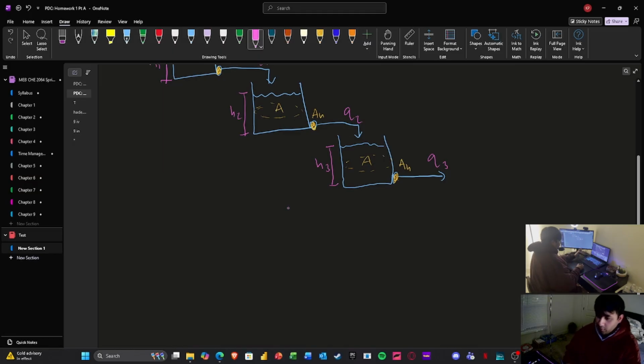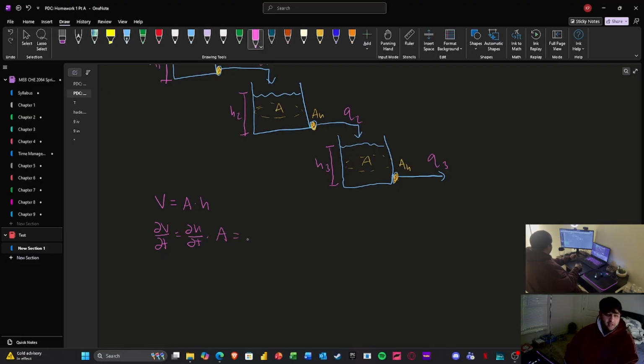Then we're going to start with what's the first thing we know about these tanks? They're going to have a certain volume, and the volume is the cross-sectional area times the height. Since we're taking this in terms of rate, we're going to derive this with respect to time: the rate of change of height multiplied by the cross-sectional area.